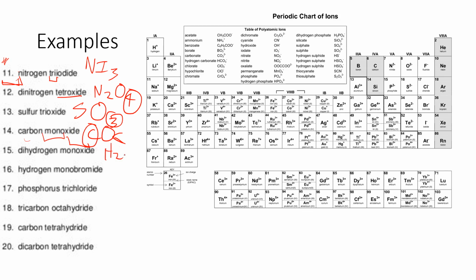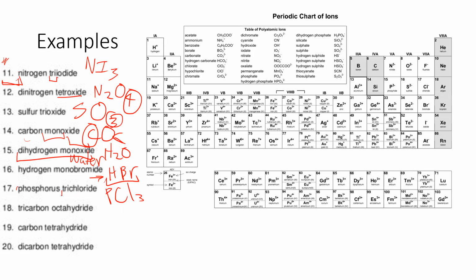Dihydrogen, that's H2O, but you always say water. You don't really say dihydrogen monoxide. Hydrogen monobromide. Yeah, you can name it like this. Usually it's in the form of a gas, but that's in the form of an acid, but that's okay. Phosphorus trichloride. There's 3 chlorides.